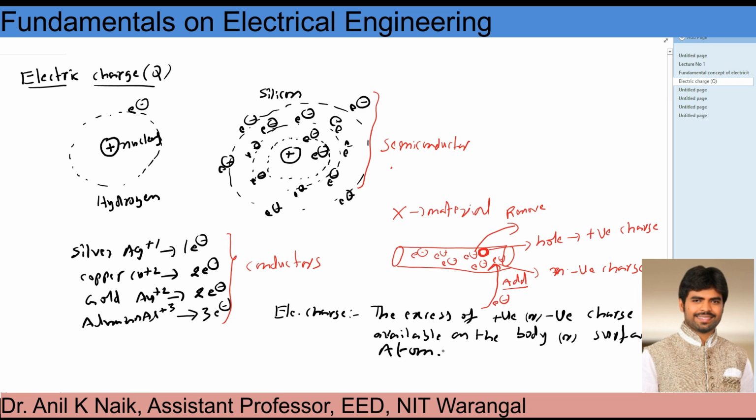So this is called electrical charge. Whatever free electrons are left over on this atom, if this substance has an excess amount of negative electrons, then you can call it a negatively charged atom. And if the holes are in excess or there are more holes on this substance, then you can say it is a positively charged atom.